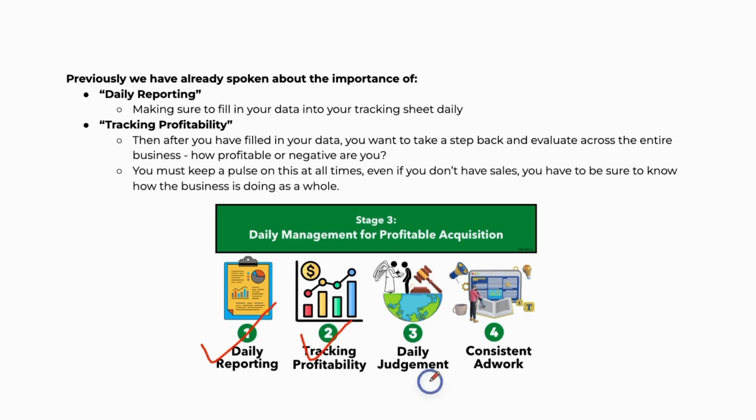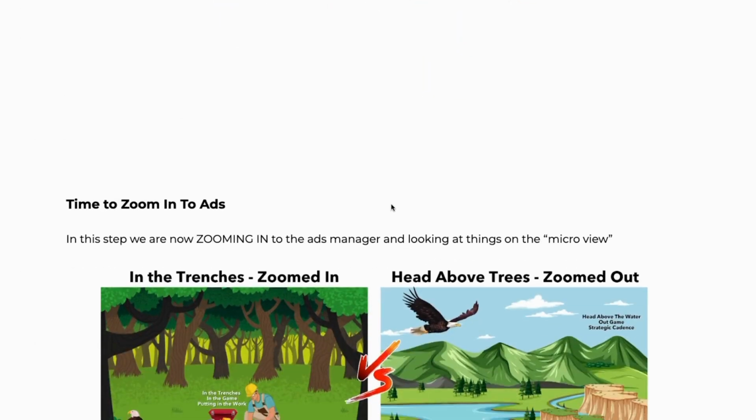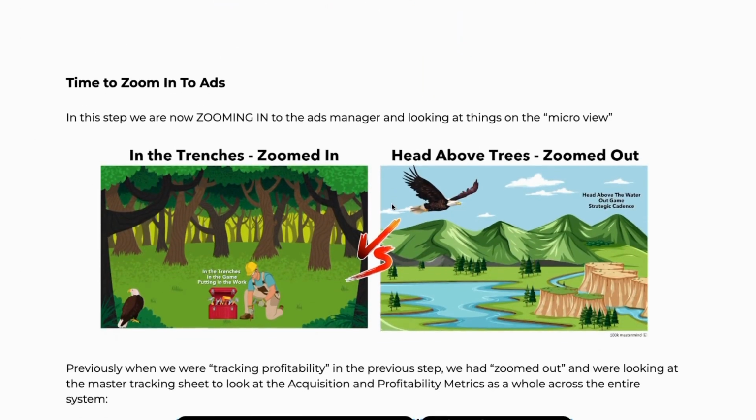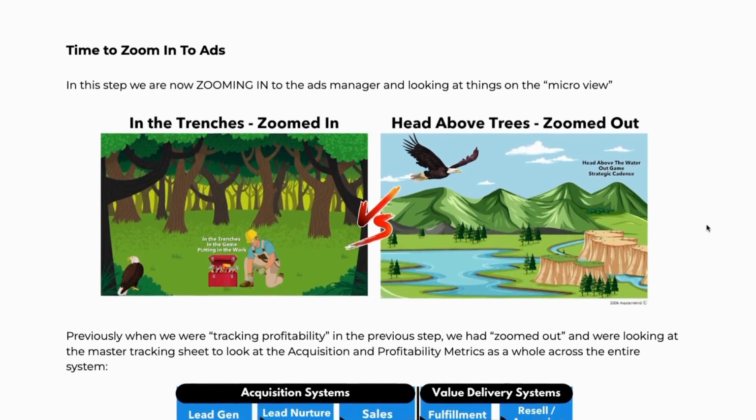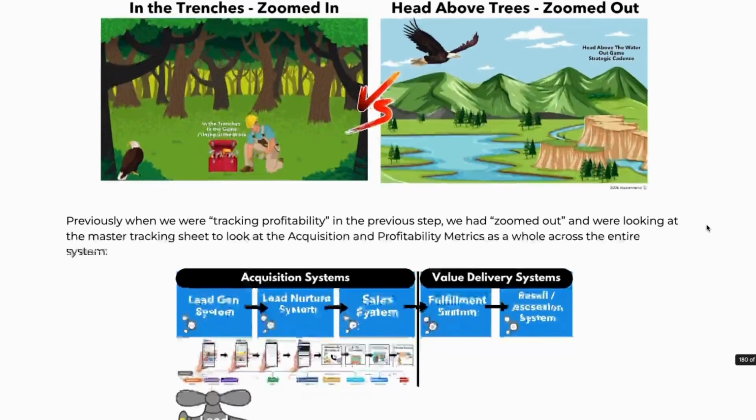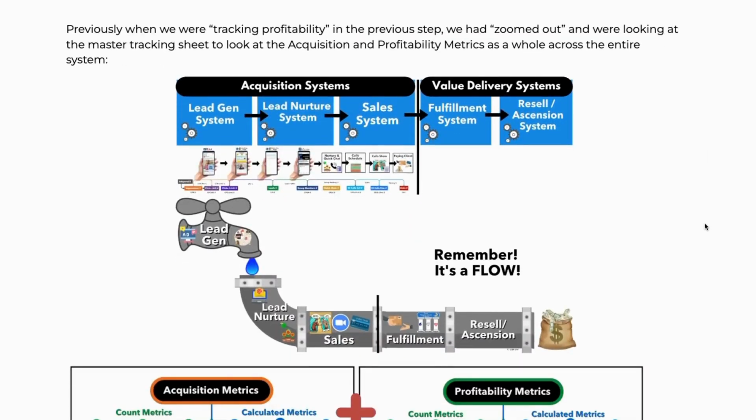Inside of this training section, we are going to talk about daily judgment and specifically what that entails and how all of that actually comes together. So let's give you some context and an introduction. It is time now to zoom in on the micro view of ads. Previously, when we were talking about profitability, we were zoomed out looking at acquisition and profitability metrics.